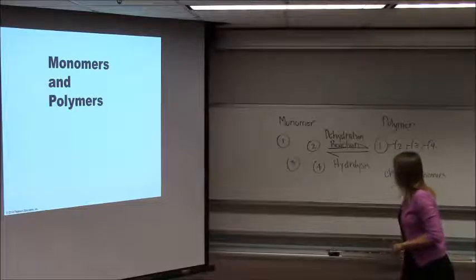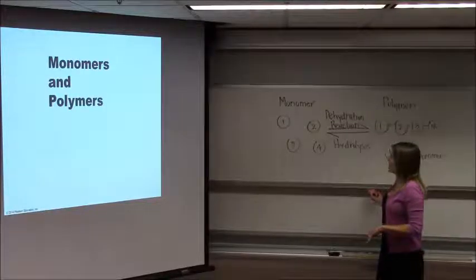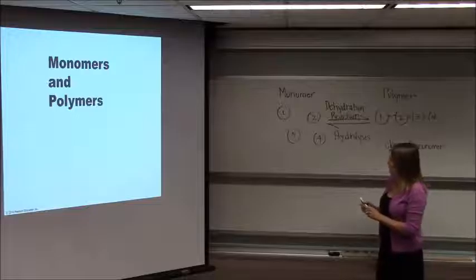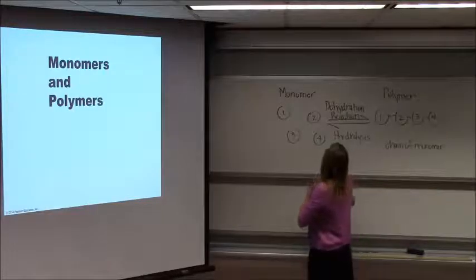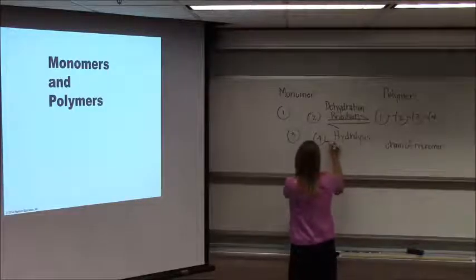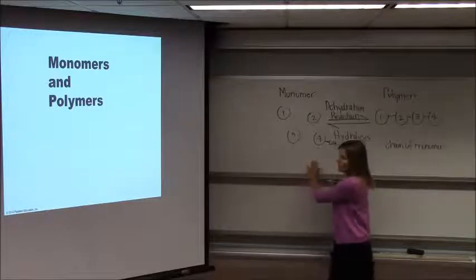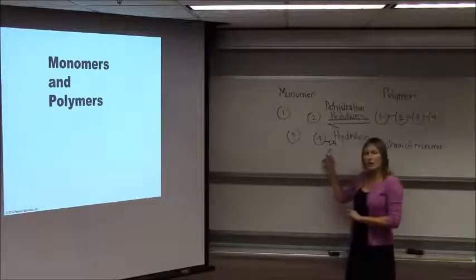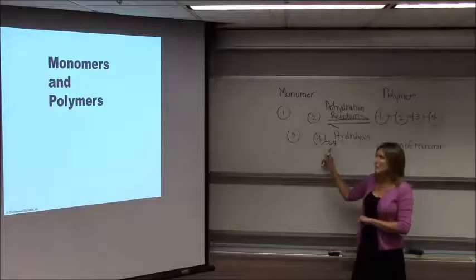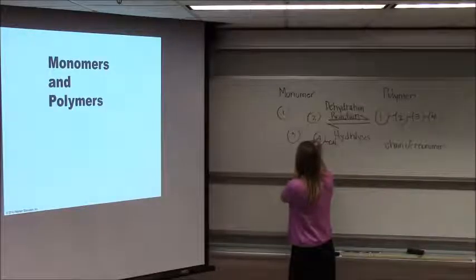But what do I mean by removing water? Well, looking at a little more detail at these monomers, if you can imagine that each of these monomers has a hydroxyl group on one end. Remember, hydroxyl group is OH, and then a hydrogen at the other end.